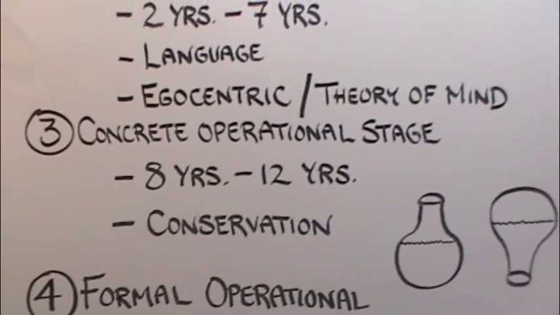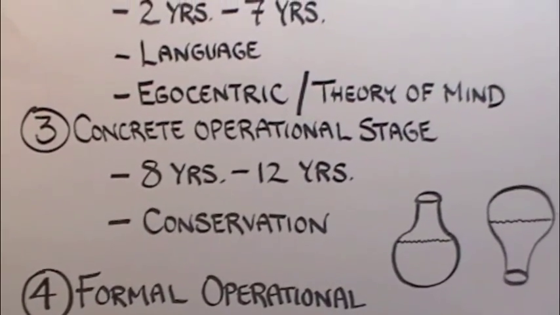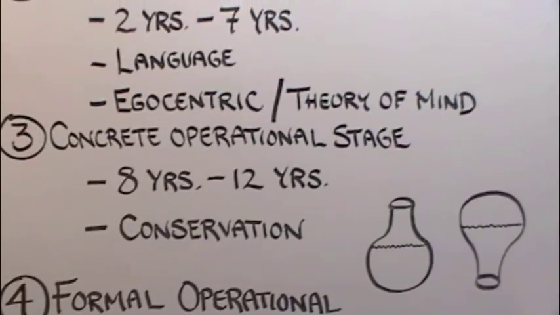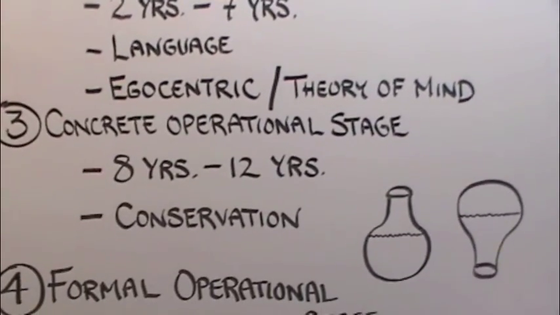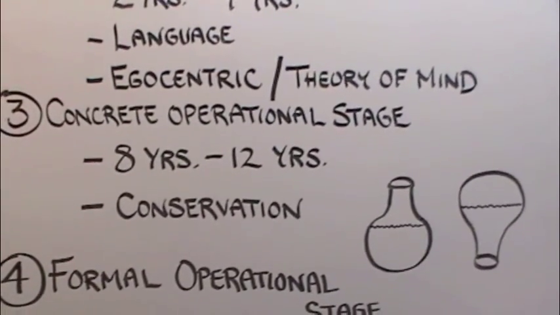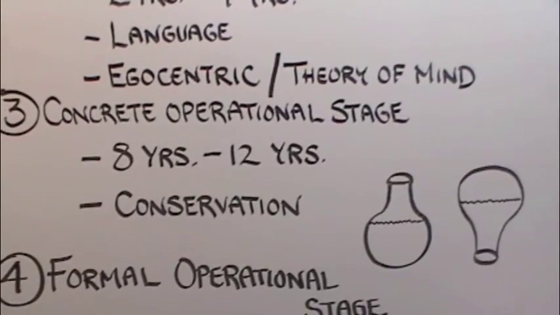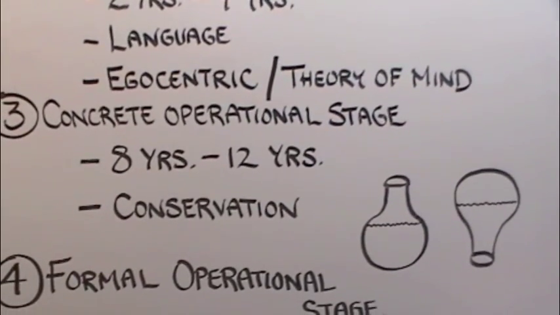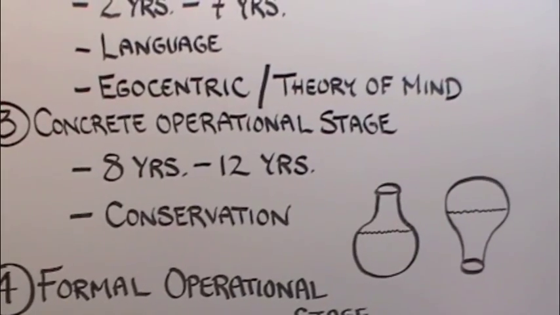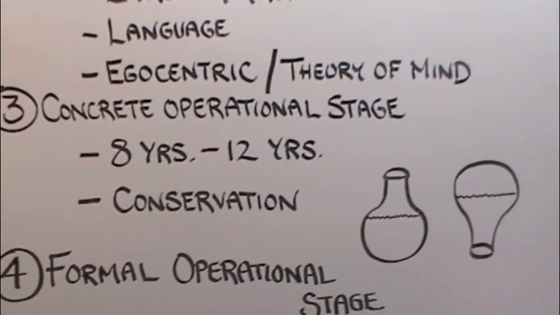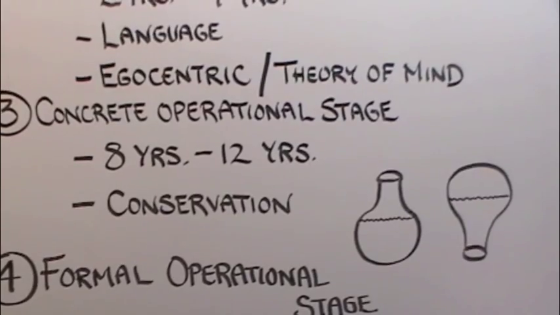This is going to be an important age, and again, it's going to vary some in terms of age, but it's going to be an important stage. In this stage of cognitive development, children gain mental operations that enable them to think logically about concrete events. What they can't do is think in an abstract manner.